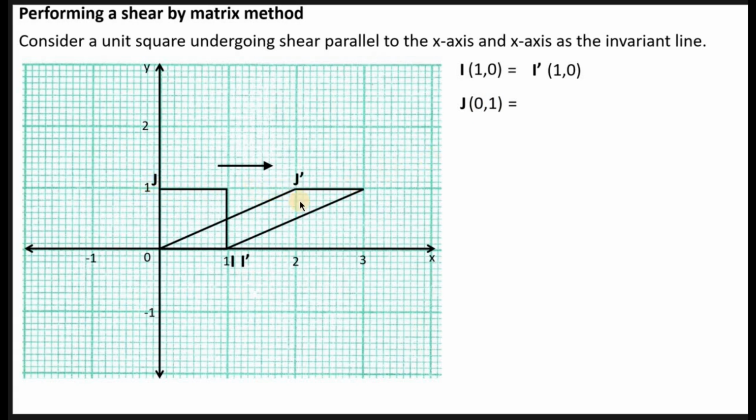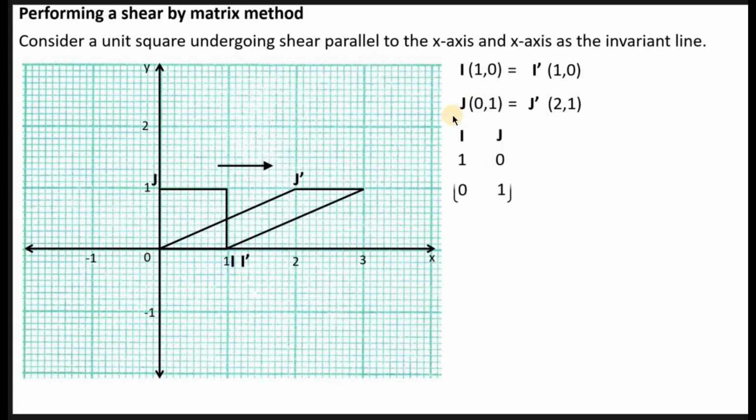All right, so this is the image point, which will have the coordinates (2, 1). So putting this as usual into matrix form, the object coordinates I is (1, 0) and J is (0, 1).